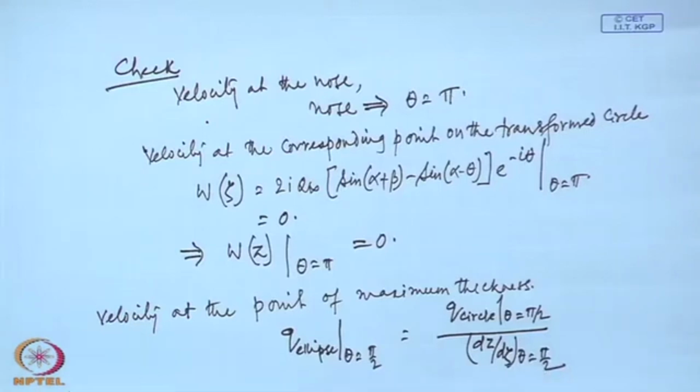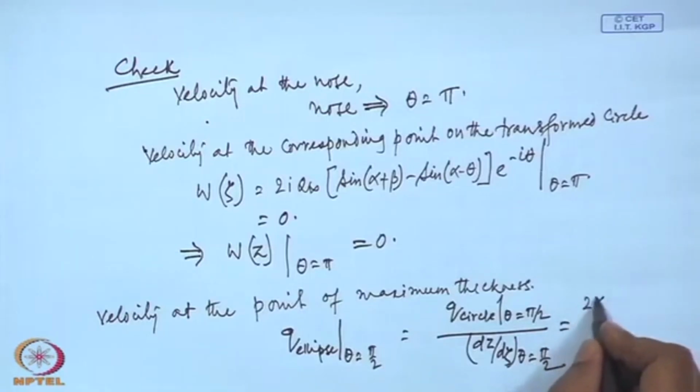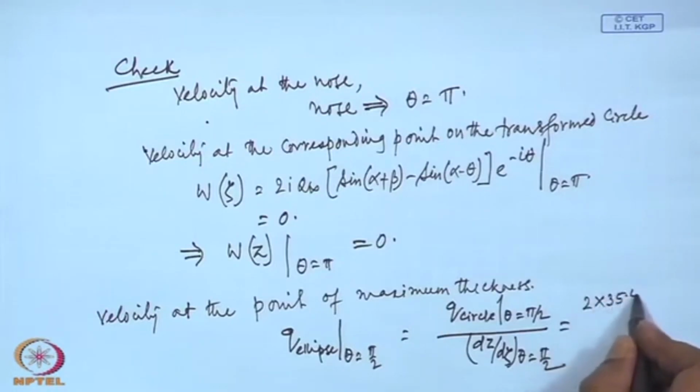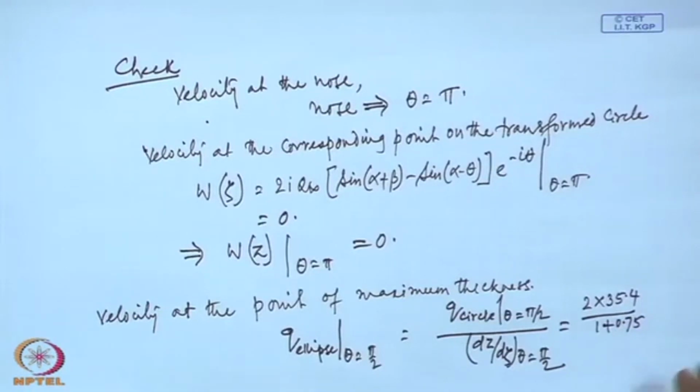If you remember how much it was, 2 into 35.4 divided by 1 plus 3 by 4, or that is 1.75. We will take it from there. And that comes to be 40.46.